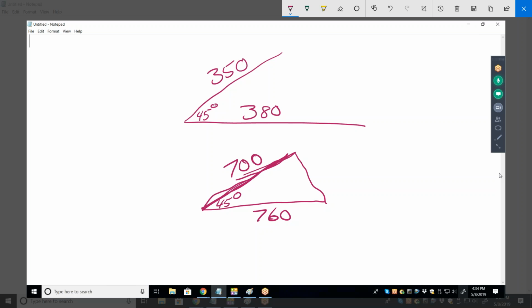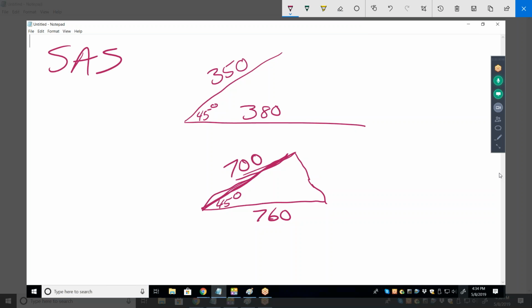Angle, side, side would be if I had 700 and x. So, side, angle, side. And what do we know about side, angle, side? How do we solve this?